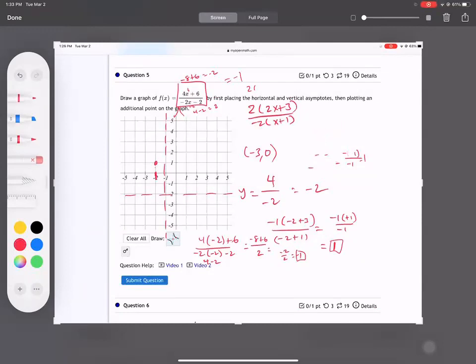The horizontal asymptote is still the same. The vertical asymptote is still the same. I just messed up on my root. My root: 2x plus 3 is equal to 0. Minus 3 on both sides, 2x equals negative 3. Divide by 2, x equals negative 3 over 2, which is negative 1.5.